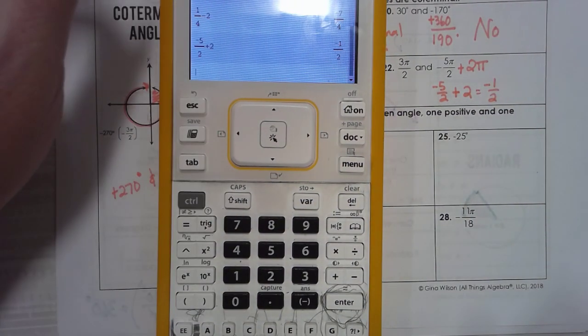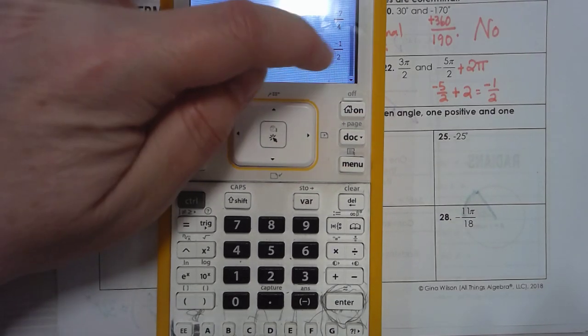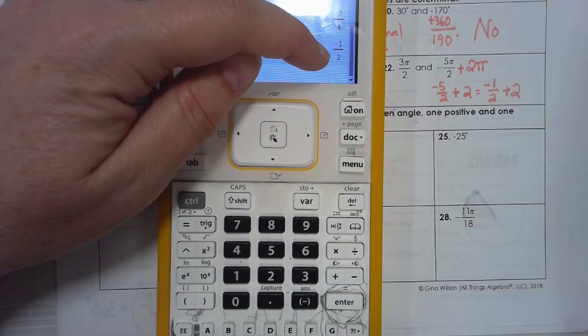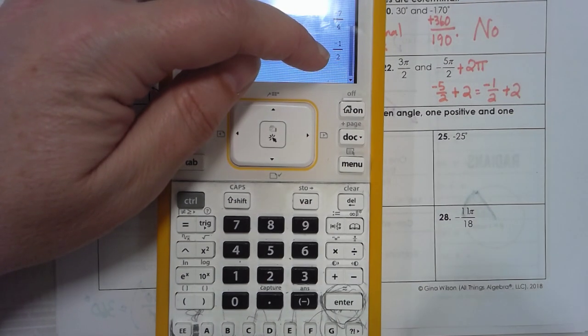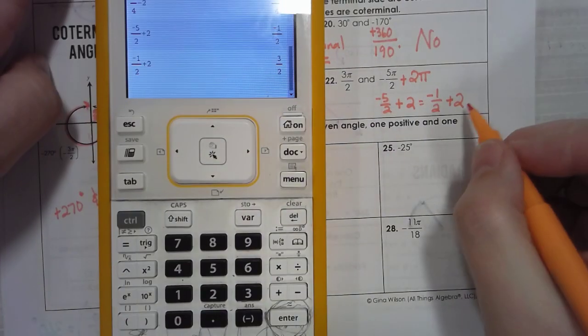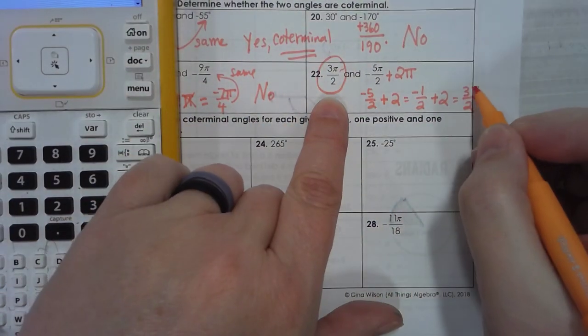We're not even in the positive yet. So we need to go around the circle one more time, or maybe more than one time, so that we get this to be a positive value. So we're going to add again. We're going to go around the circle more than one time. So if I take that negative 1/2 and I add another 2, I get 3 over 2. Is that the same as what we started with? 3 pi over 2?